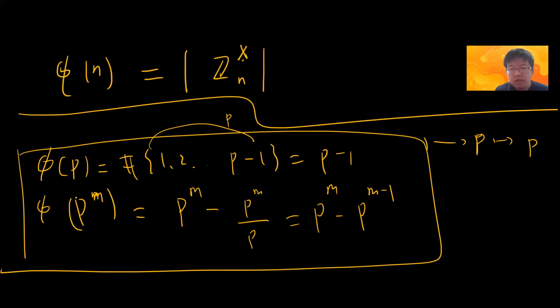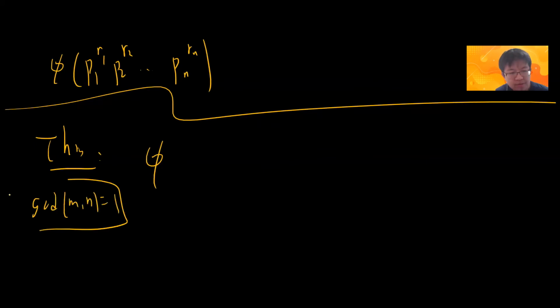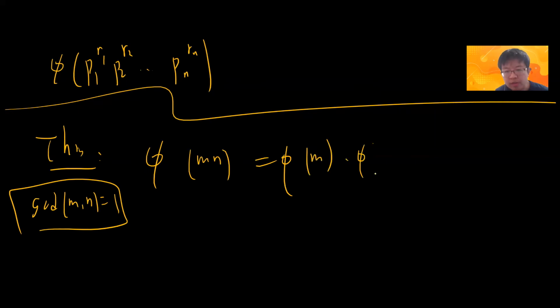Okay, so finally, how to compute it for, let's say, p1^r1, p2^r2, up to pn^rn? This is the goal. There's a theorem which says if gcd(m,n) is 1, then phi(mn) equals phi(m) times phi(n).